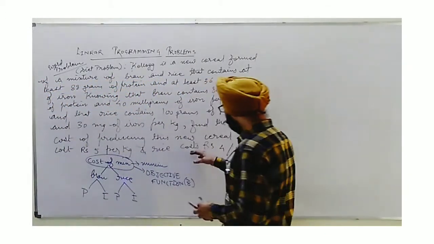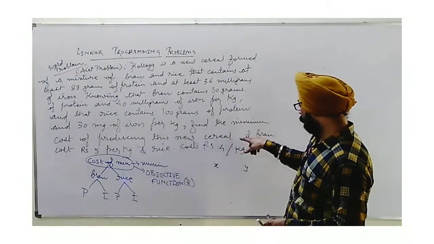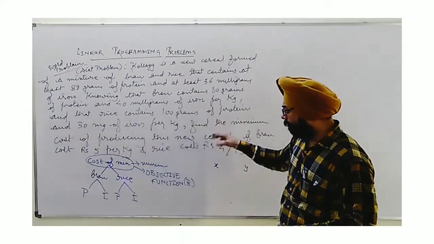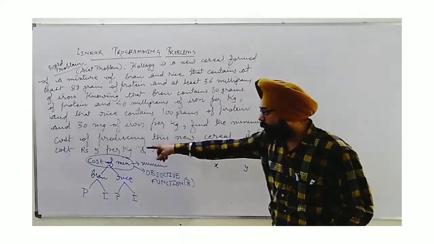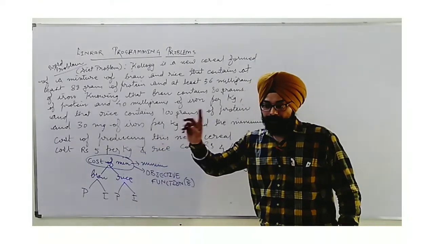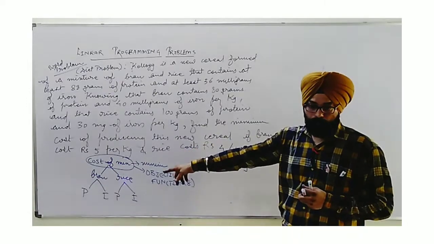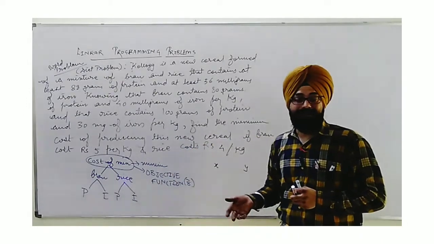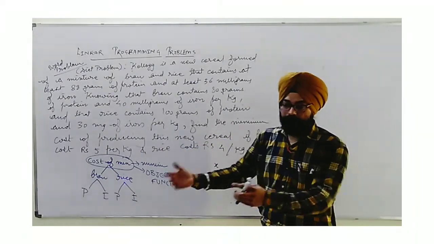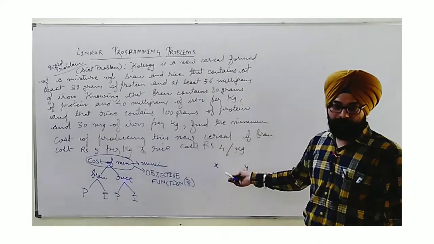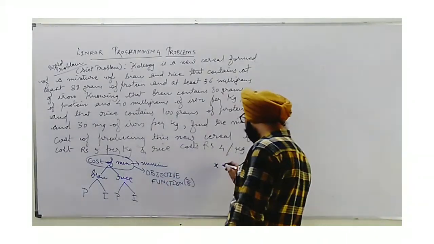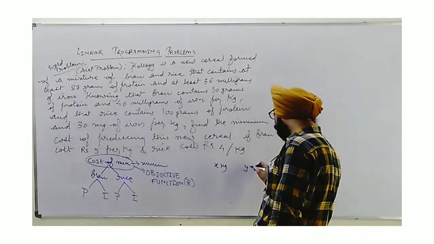Here we see that it's given the new cereal of bran. Here we have to minimize the cost, where bran costs rupees 5 per kg. For 1 kg the cost of bran is rupees 5. So we have to consider the quantity of bran taken. How much bran is taken? So we consider the quantity of bran to be x kg, and of rice we take y kg.